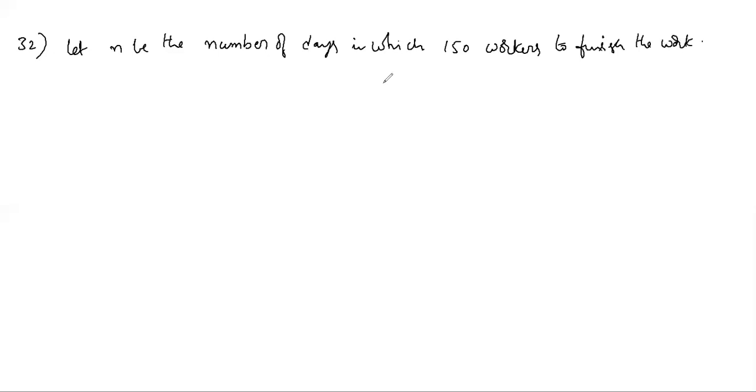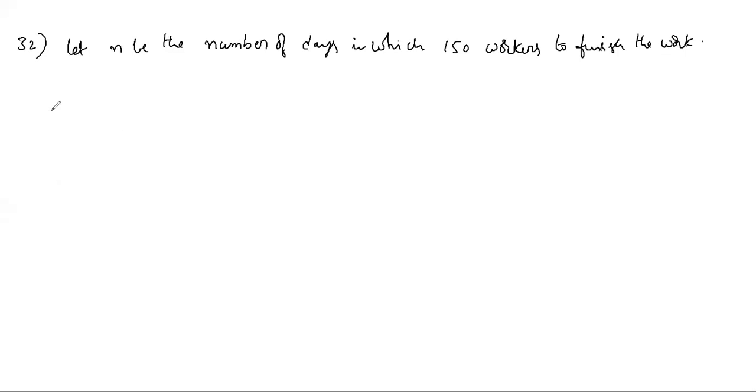Means for each day, if 150 workers were engaged on that work, in that case the number of days is n. Now, if 4 persons per day dropped out, then 8 days more. So the total number of days according to this is n plus 8 days.